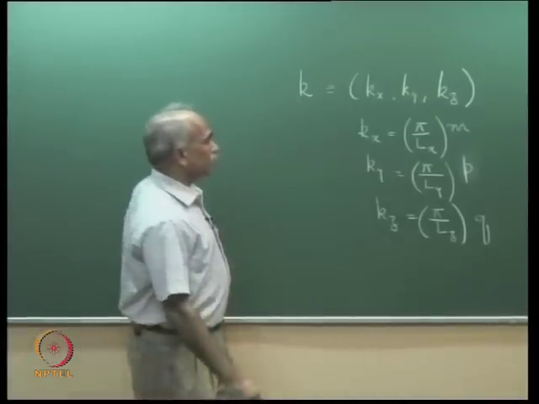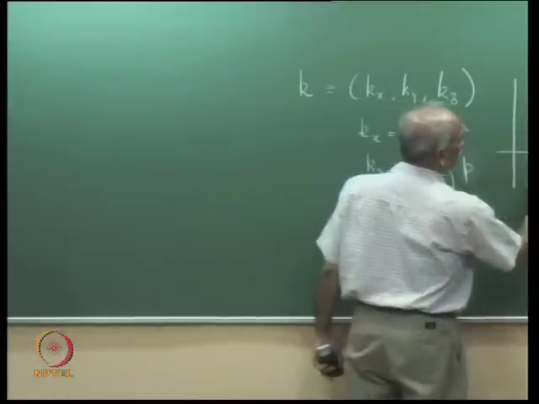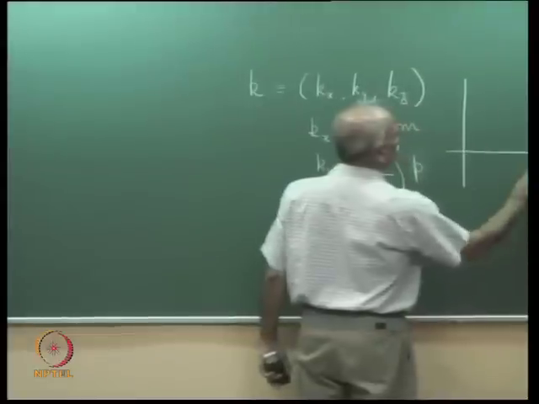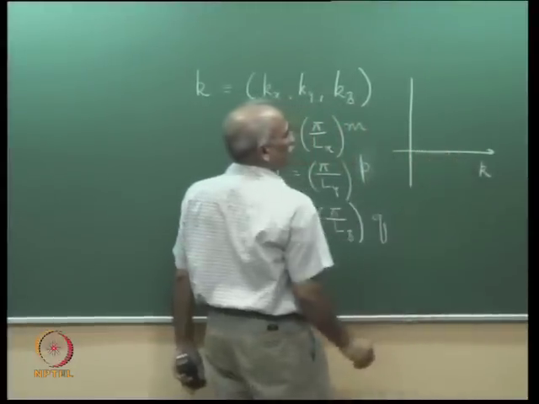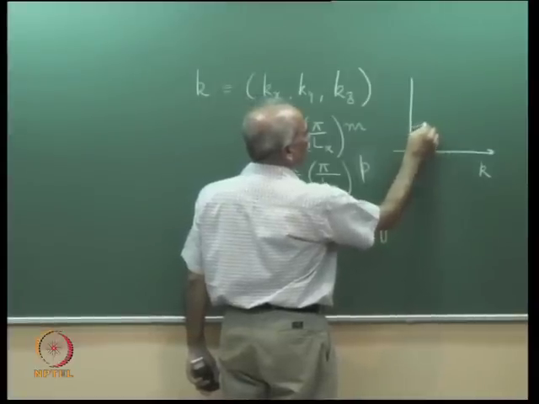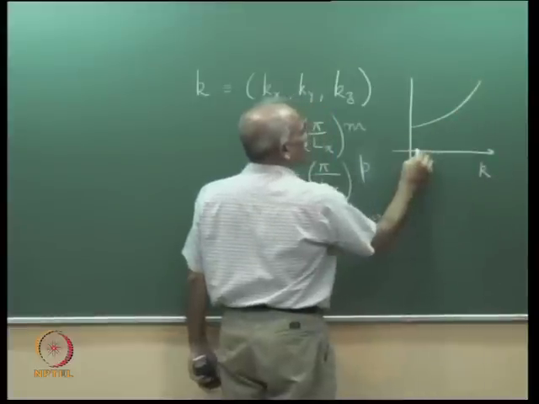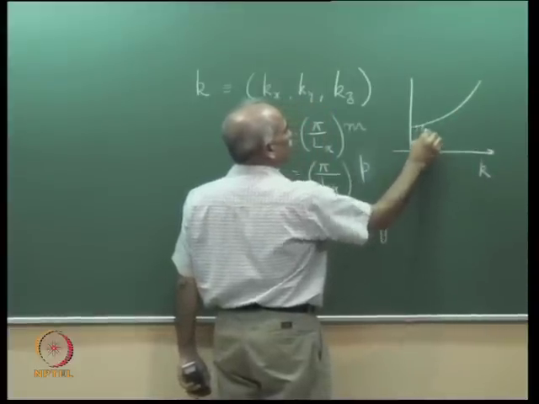The implication is that in the EK diagram that we have, the values of k which we have here are discrete values, and corresponding to each k value we have discrete energy values.